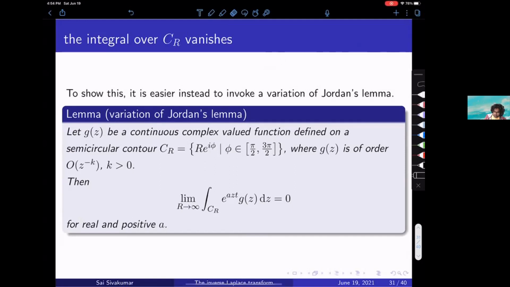So to deal with the circular arc, you basically use Jordan's lemma. Jordan's lemma extends the estimation lemma that we've been using, where you take the maximum of the integrand multiplied by the length.